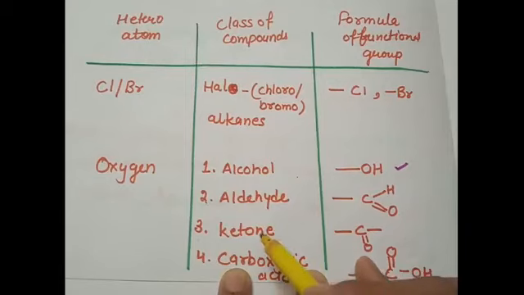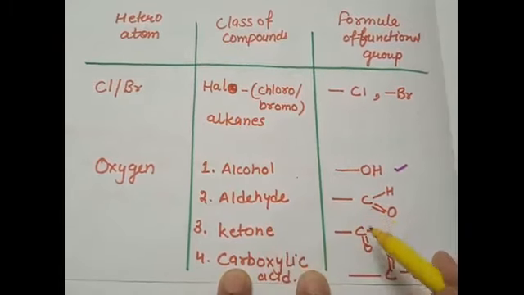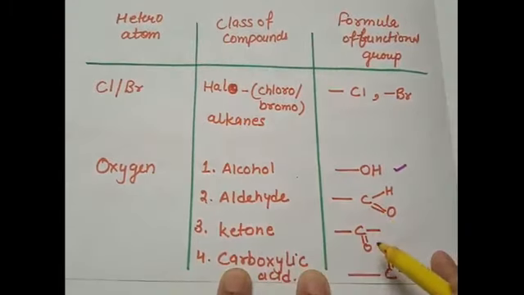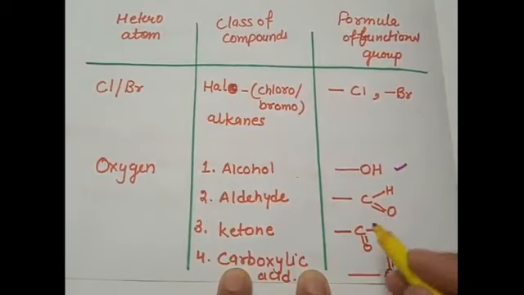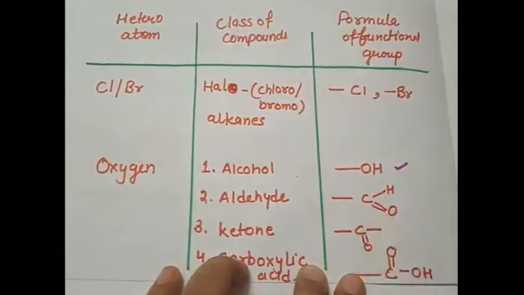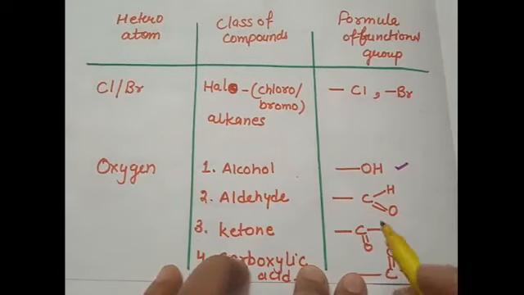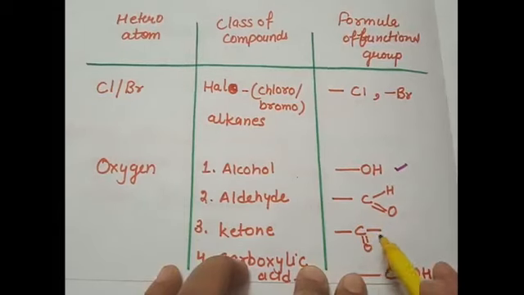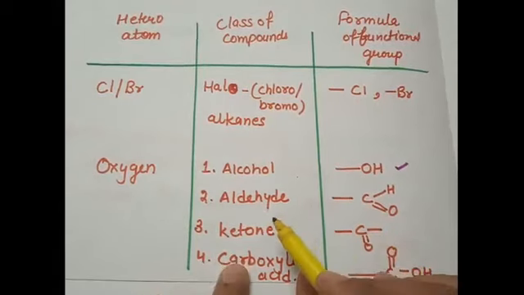Then we have ketone, in which C double bond O is there. Why am I making these two double bonds? Because this is a functional group which is always attached in the middle of a branch, ring or straight chain of carbon atoms. So C double bond O is the functional group called the ketone group.